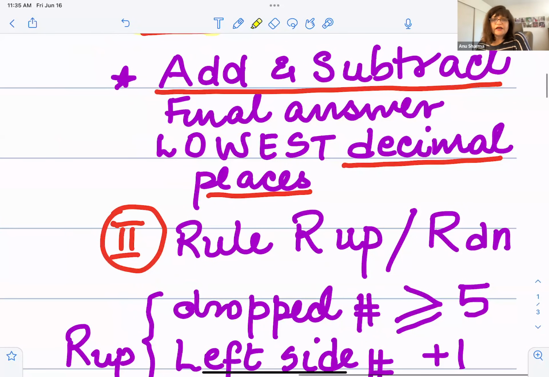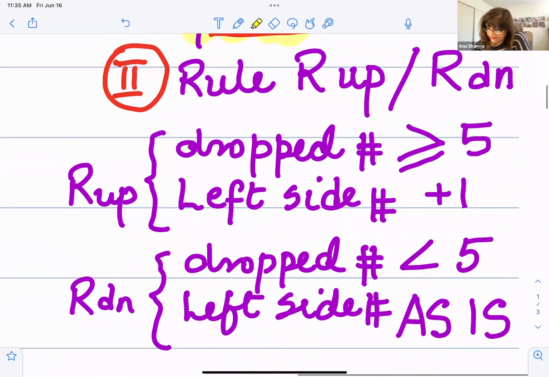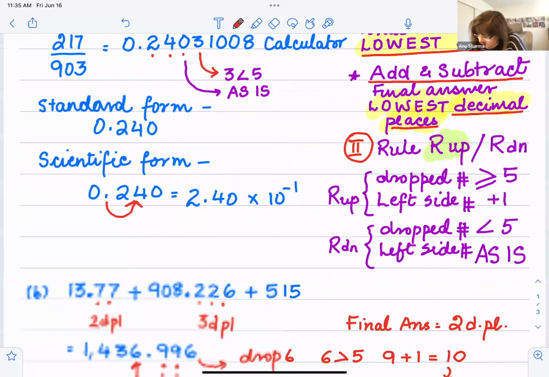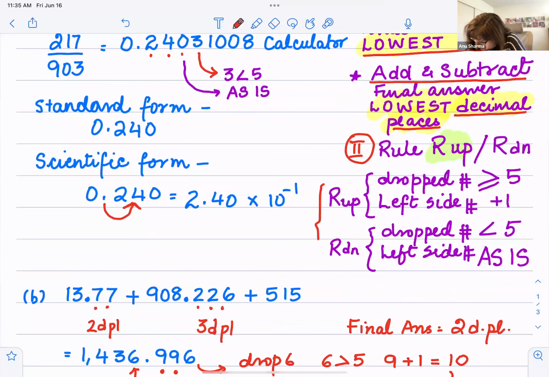If addition and subtraction is done, then we look at the decimal places, and in the final answer we use the lowest decimal place. So that's one rule. The second rule regards rounding up and rounding down. For chemistry, we do not round down, we only round up, and rounding up is always done in the final stage, in the final answer only, not in between the steps.